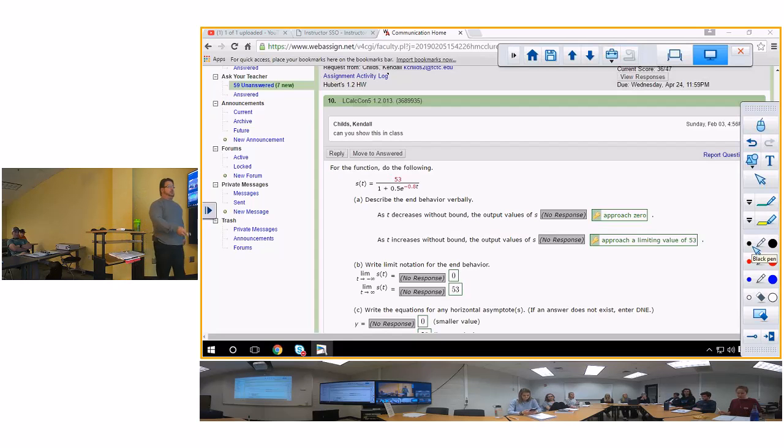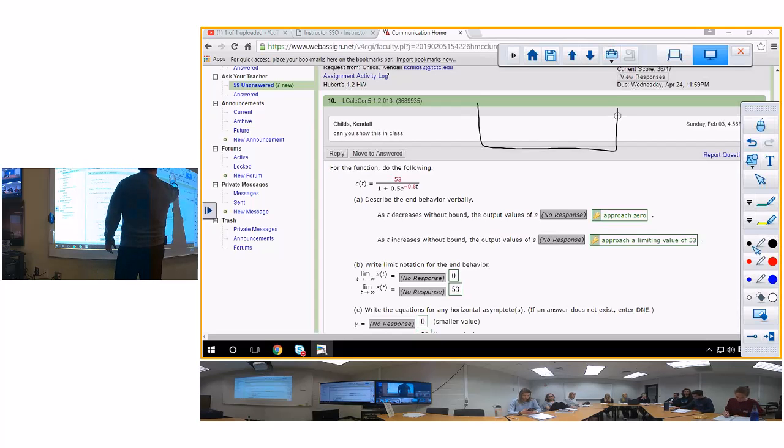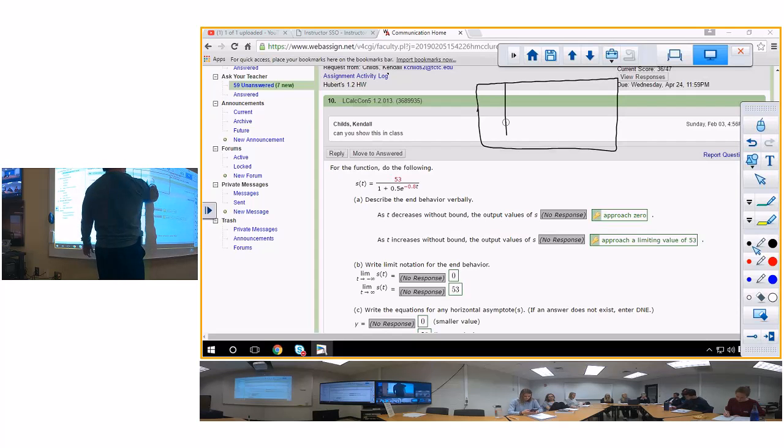If you were in my 109 class, I told you to take a landscape piece of paper and divide it into 8 or 10 groups. The first was x to the first, a straight line.